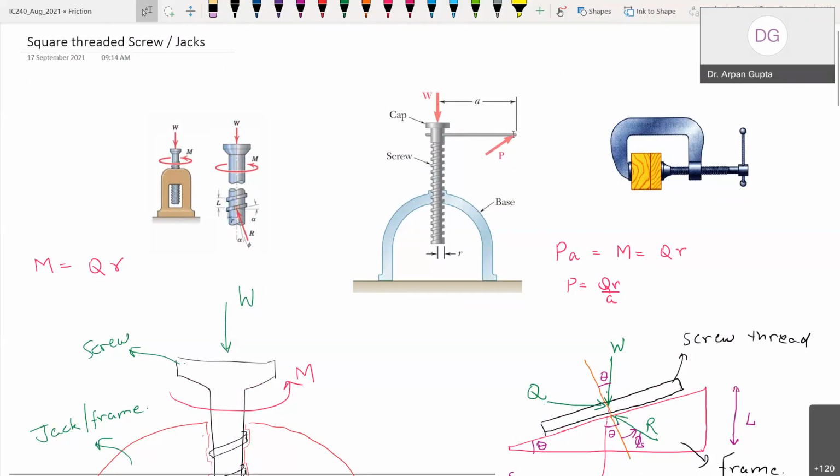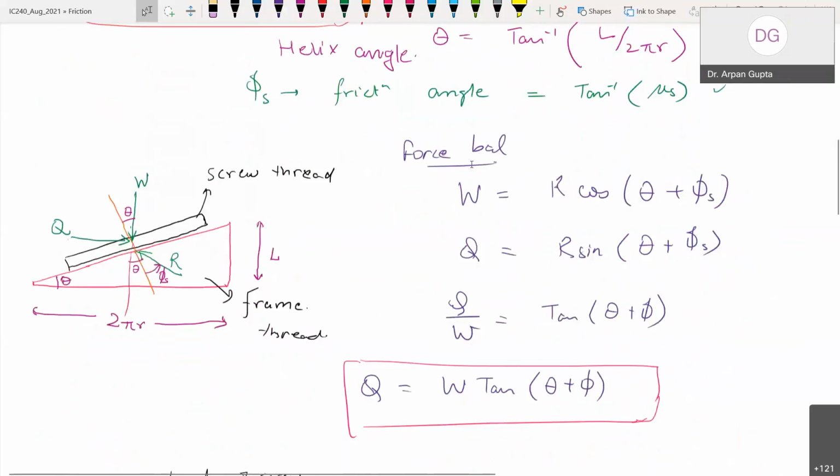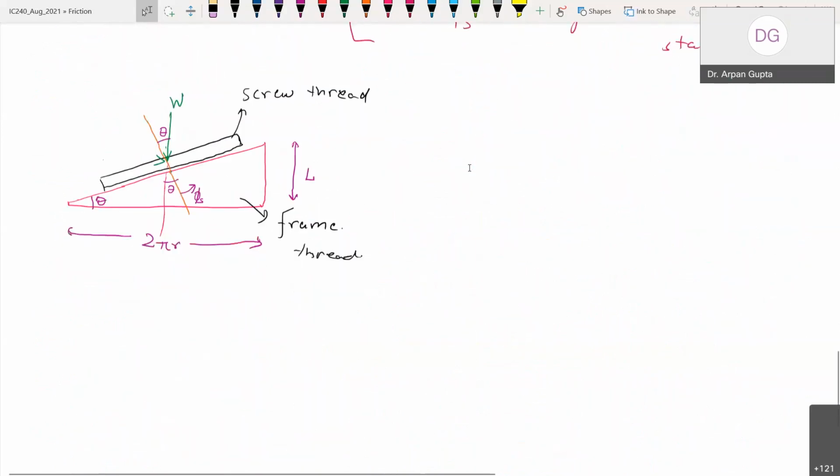To lower it, we have to again apply some moment in an opposite direction to lower that car or to lower that weight. The question is, how much should that moment be? From our practical experience, we know that that moment is a little less, but again, how much that moment is, we would like to do that calculation.